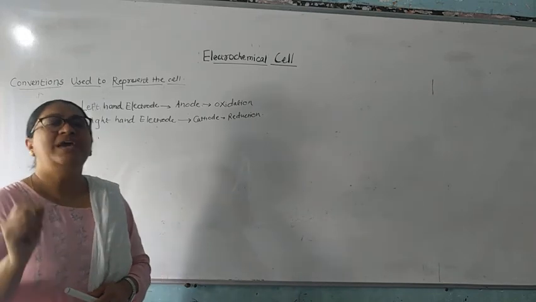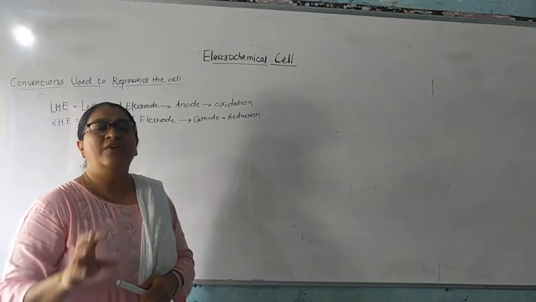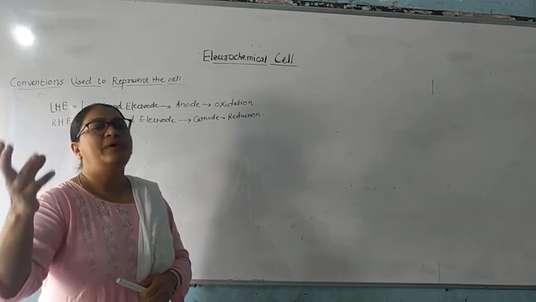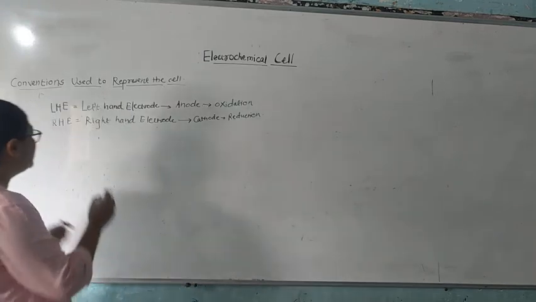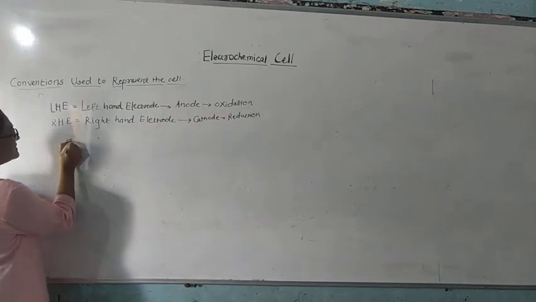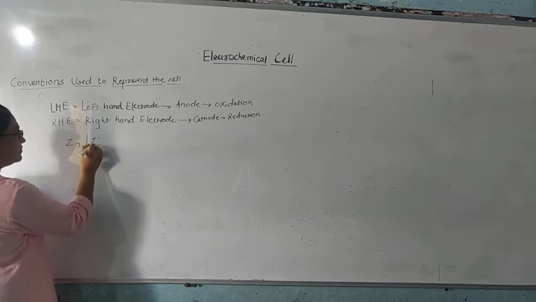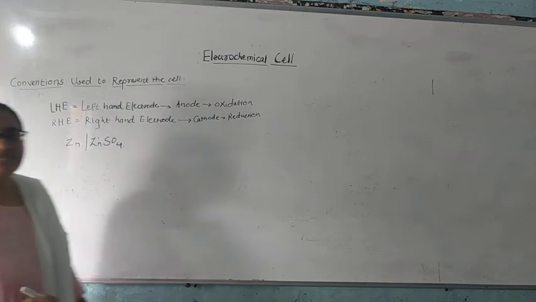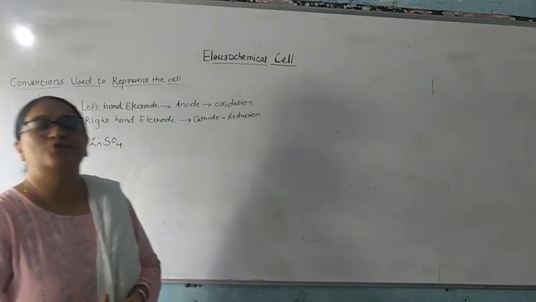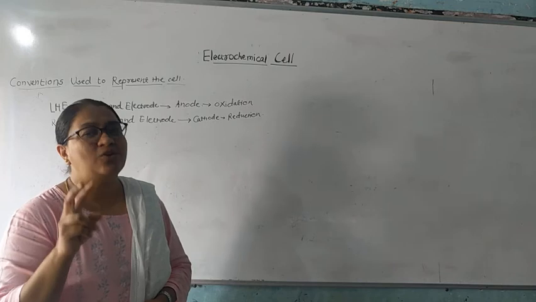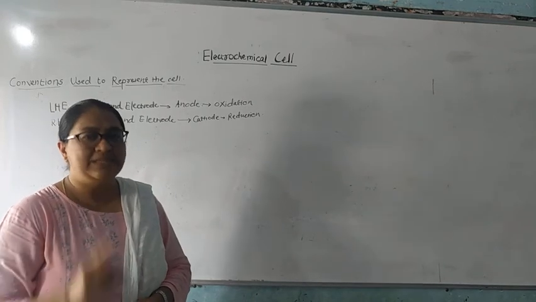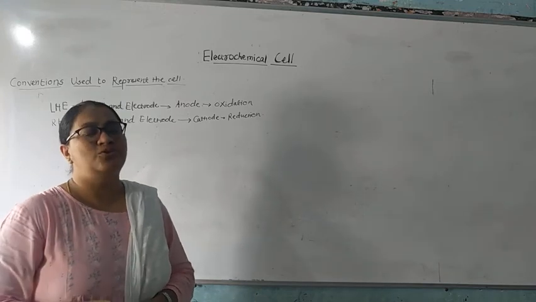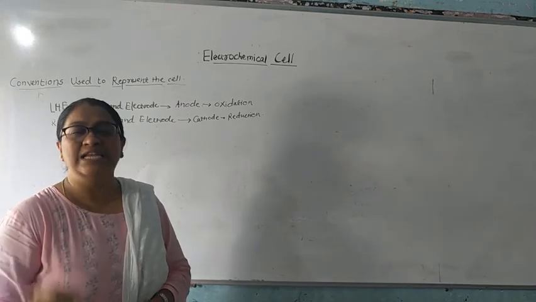For example, in the Daniell cell, we dip the zinc electrode in a zinc sulfate solution and the copper electrode in a copper sulfate solution. So they are represented like this. This single line denotes that the electrode and its salt solution are in direct contact.